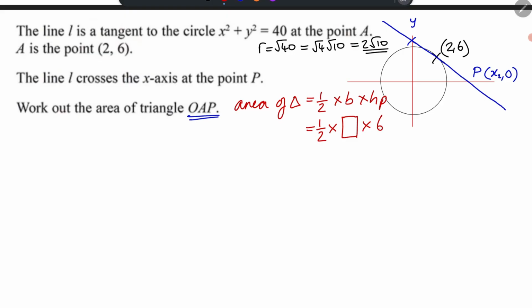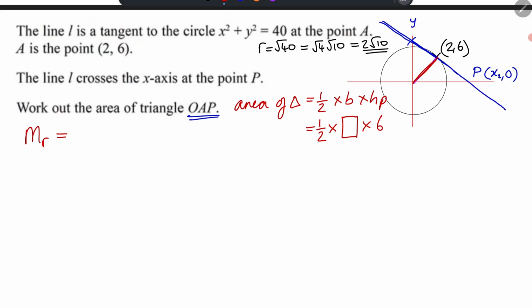So now we're going to work out the equation of the tangent, because that will help us work out what the x-intercept is. So let's work out the gradient of the radius first. That will help us work out the gradient of the tangent, and that will be enough for us to work out the equation of the tangent. So m subscript r, so the gradient of the radius, I'll make that red.